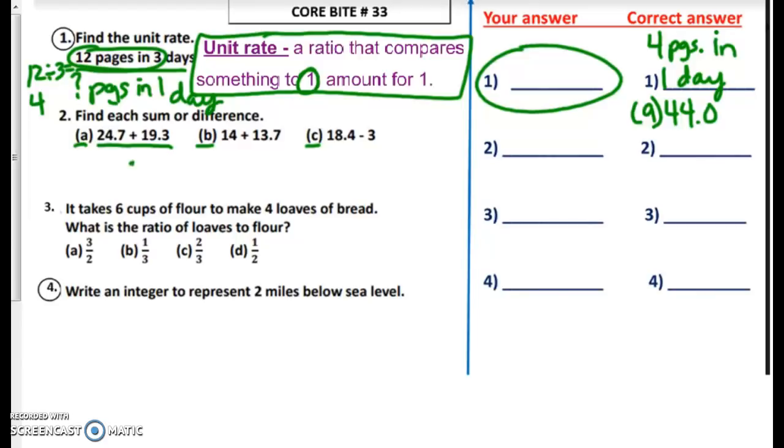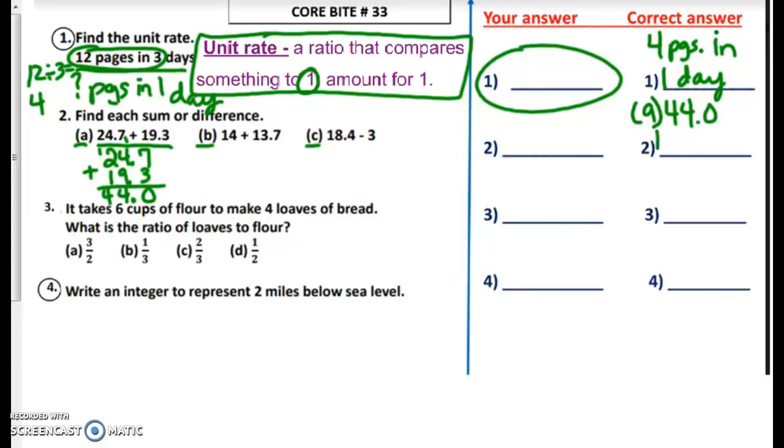You should have lined up your 2 decimals, 24 and 7/10 plus 19 and 3/10. And then when you line up your decimals and add, you end up with 44, and you bring your decimal straight down. So 44.0. Correct that if you missed it.